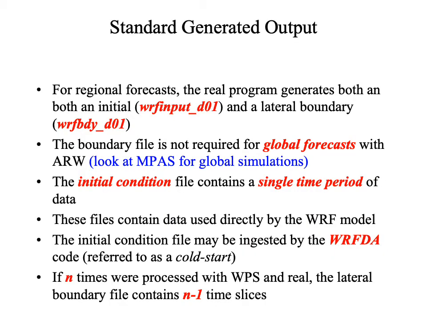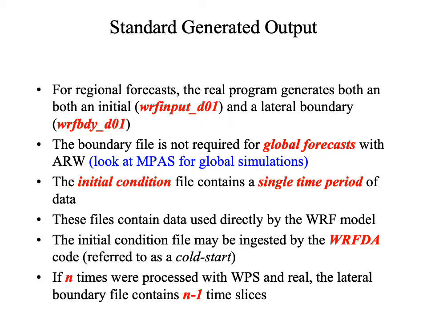The entire WRF modeling system sends information along to the next standalone program via data files. So the real program, the real.exe program, accepts data from WPS, from the metgrid program.